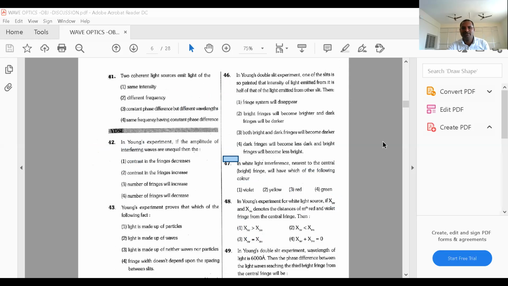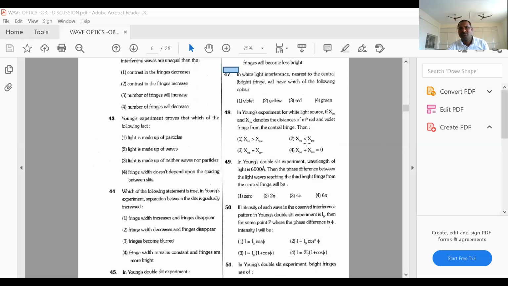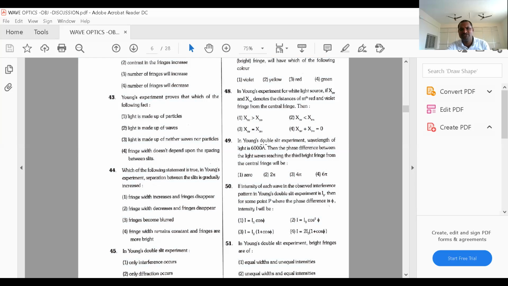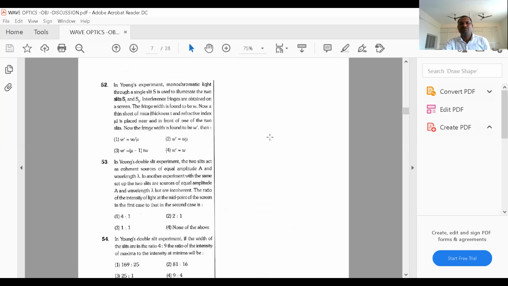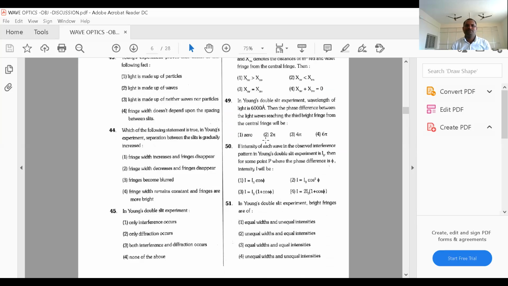Question number 49. What have they given? These are conceptual questions, and you need to remember these. In the YDSE experiment, the wavelength of light is 6000 angstrom.